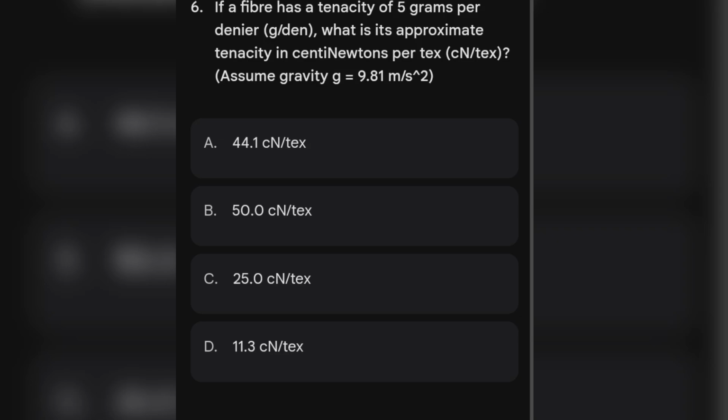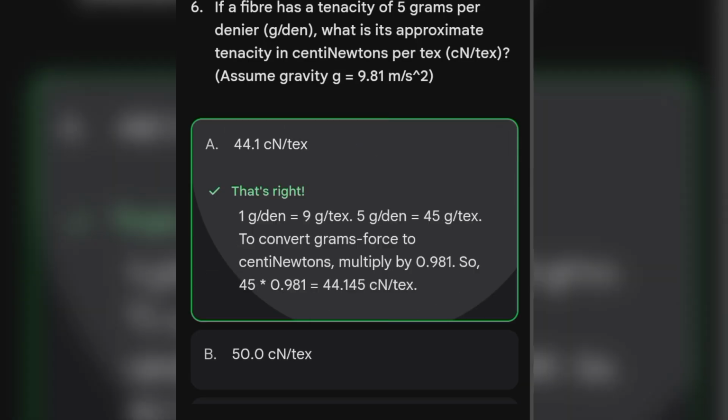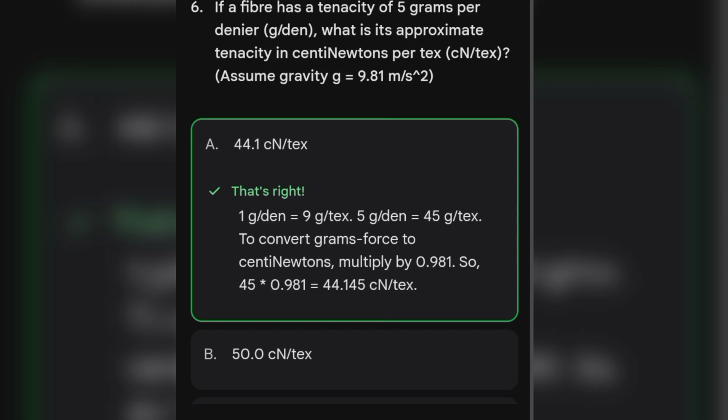After that, the gravity constant is given, 9.8. 45 multiplied by 9.8 gives our value, 45 into 9.8 upon meter squared, now centimeter. So 0.981 into 45 gives 44.6.